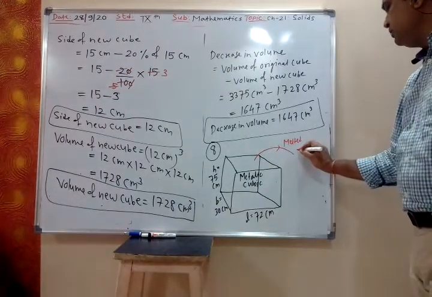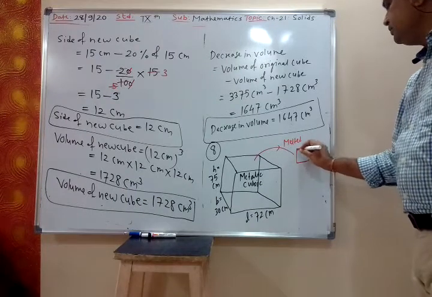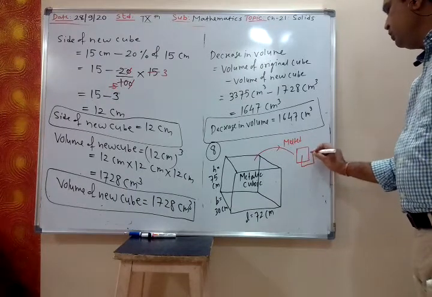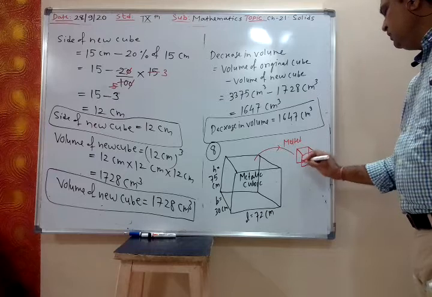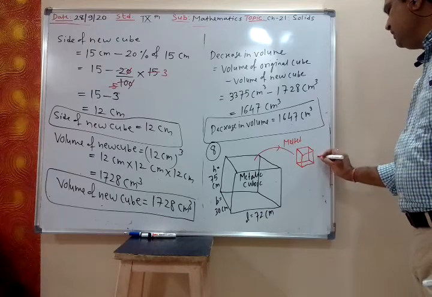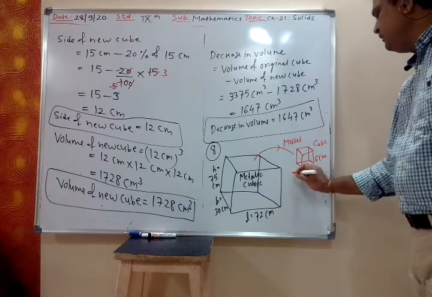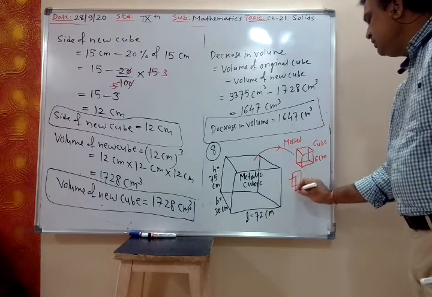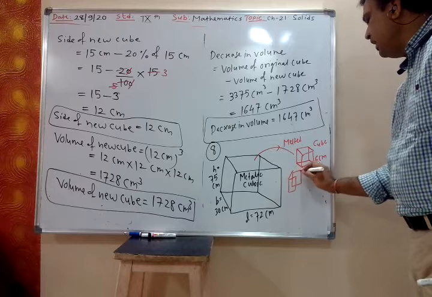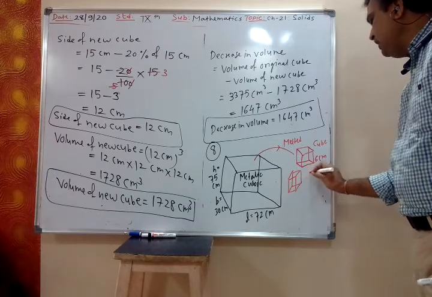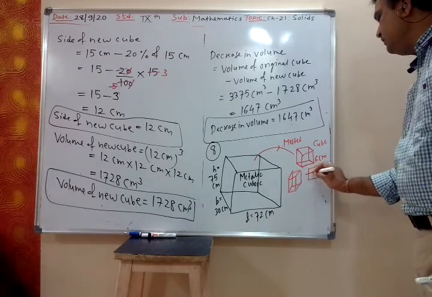So there are many cubes. Side is 6 centimeter. How many such cubes are there after melting and recasting? That we have to find.